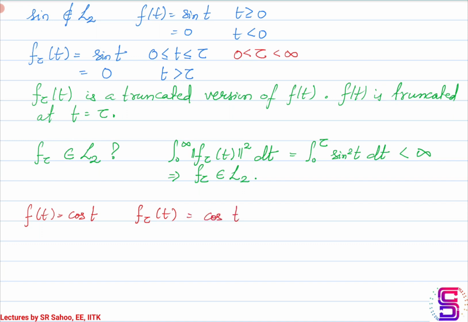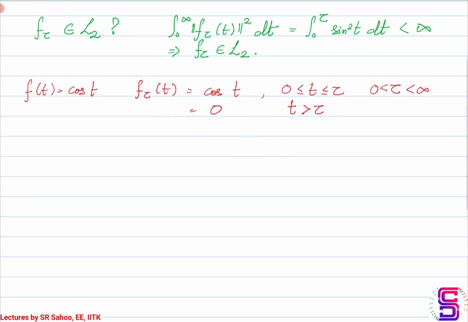So f tau is cos t up to tau, and 0 when t is greater than tau, where tau is again some finite value. Here also f does not belong to L2, but f tau belongs to L2.